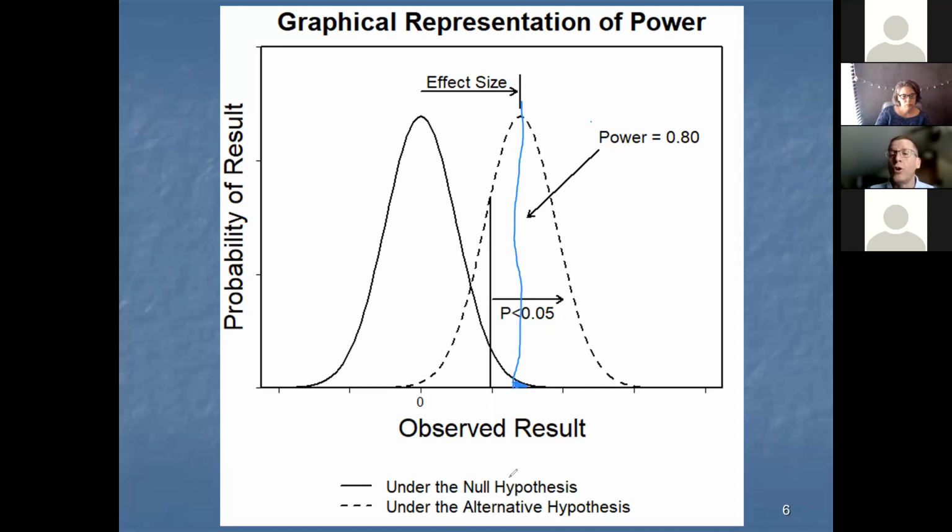So I'd actually move that vertical line so that my rejection region moves out more extremely into the tail. Okay, so again, I'm going to have lower power when I have a more stringent type 1 error rate.